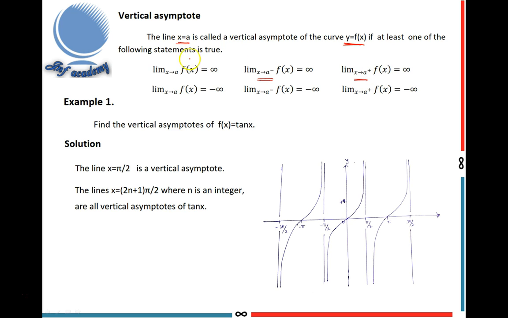If the curve satisfies at least one of these statements, then the line x equal to a is called the vertical asymptote of the curve y equal to f of x.